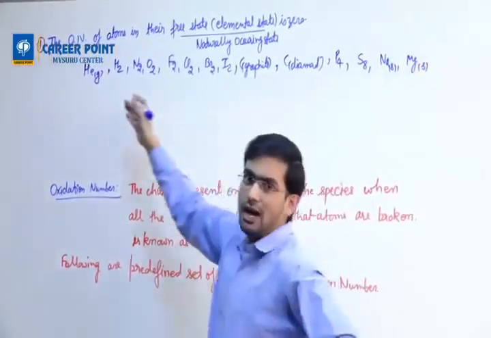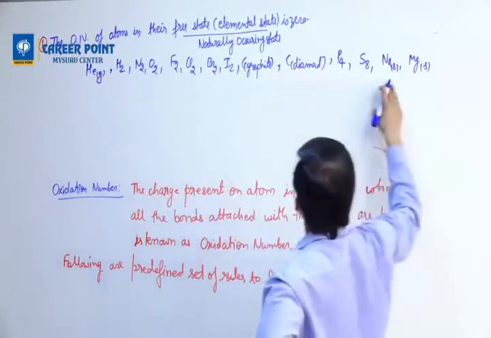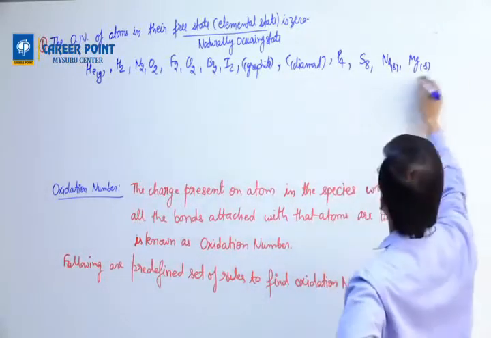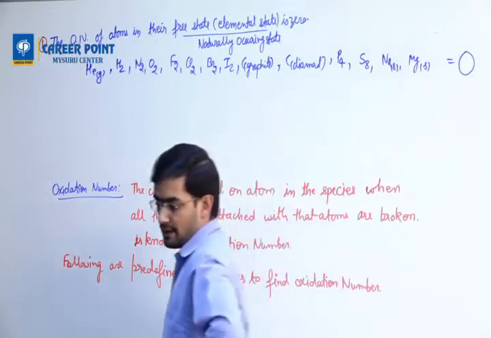All of these are naturally occurring, that's how an element is present in elemental state. The oxidation number of all these is 0.